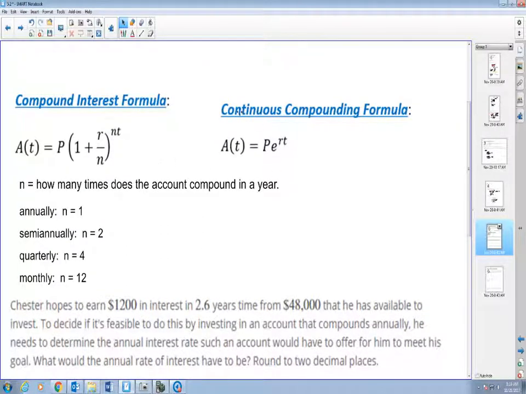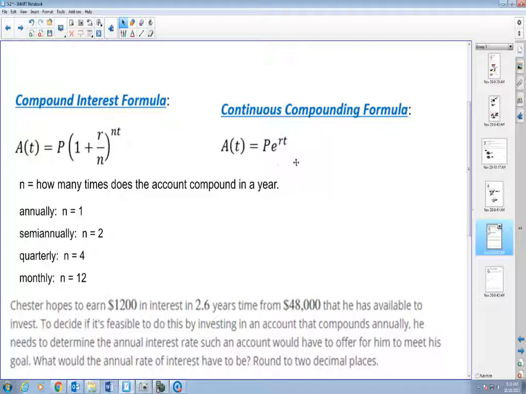The continuous compounding formula refers to when the n gets larger and larger. If I'm compounding continuously, that means as n approaches infinity, this part of the formula can actually be derived into my number e raised to the r times t power.